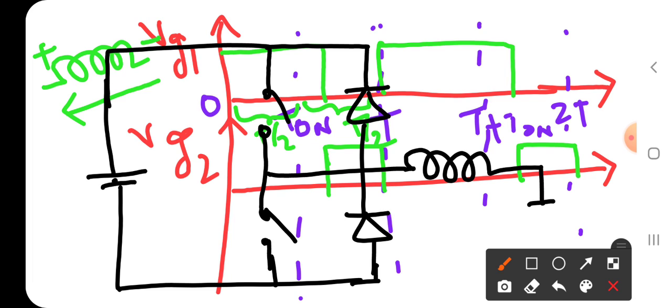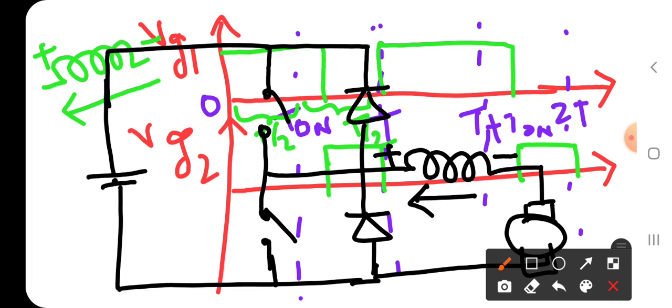Here the inductor acts as the source, and the terminals are like this. This is minus, plus, and here the current has to flow like this.